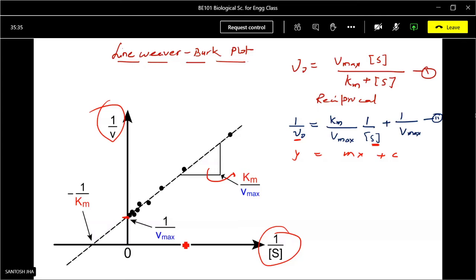If we extrapolate this graph, it will cut the x-axis, and this value will give you minus 1 by Km. Since it is the negative coordinate, we put a negative sign here. So this is the linear form of the Michaelis-Menten equation, known as the linear plot or Lineweaver-Burk plot, and this is more informative in comparison to the non-linear plot.